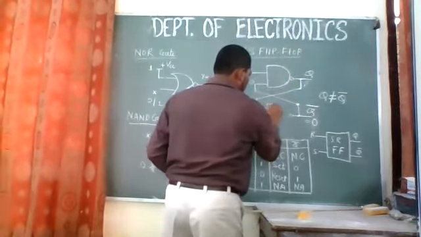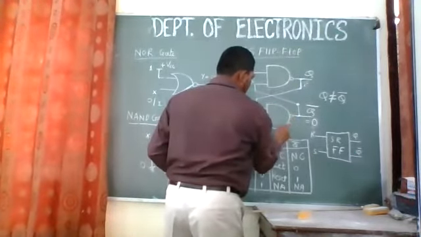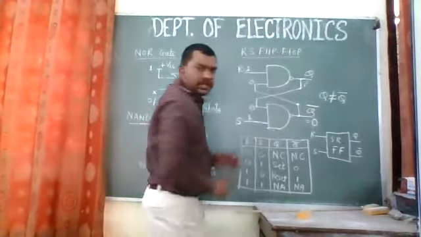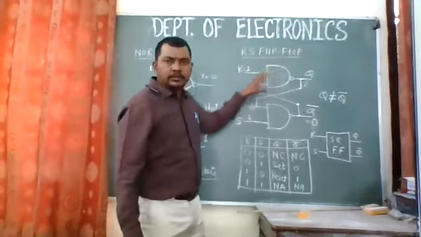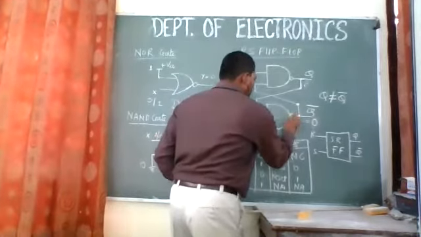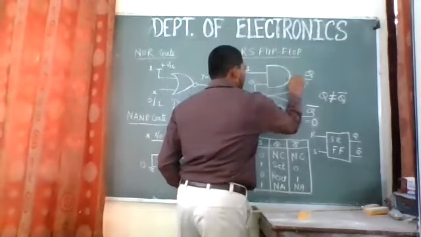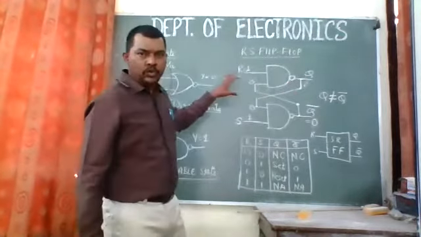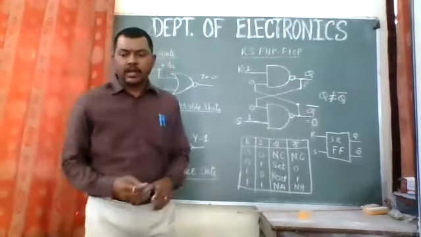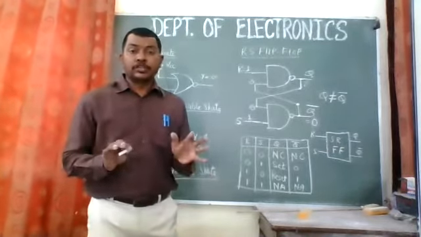Earlier we used NOR gates like this, and now I have replaced those NOR gates by NAND gates. We have a bubble in front. I guess it is not visible, but they have bubbles, so they are NAND gates over there. The same circuit we are trying to use for the implementation of the flip flop.